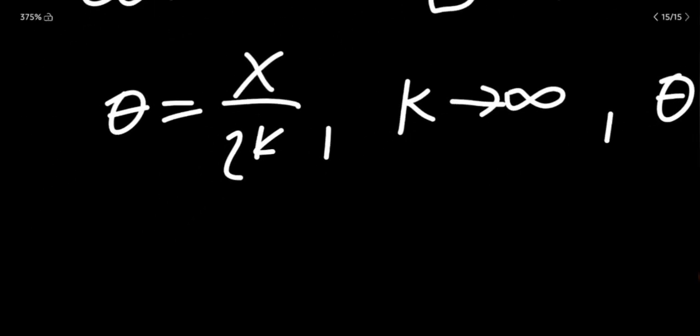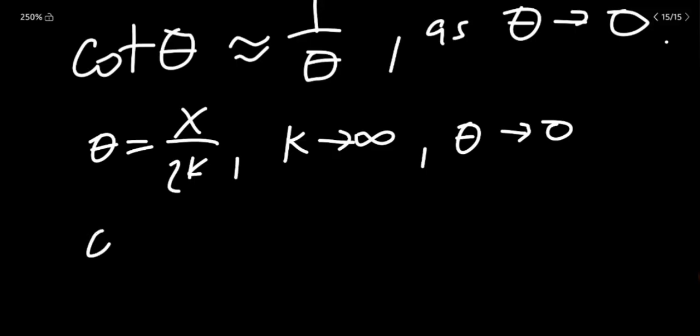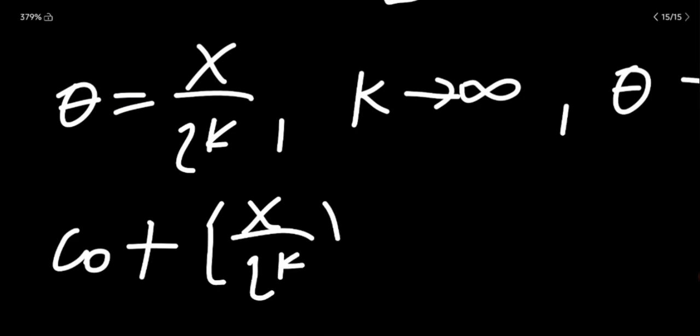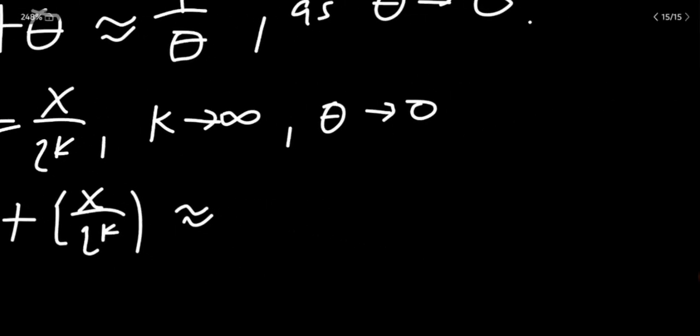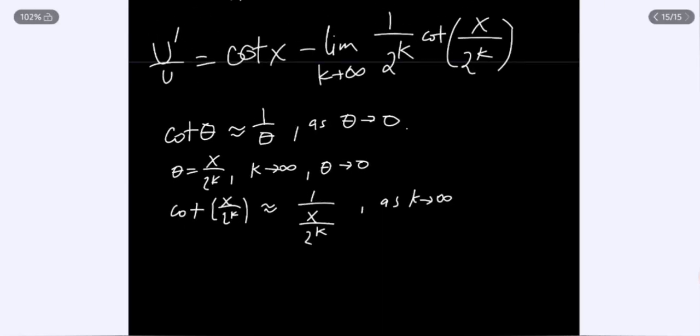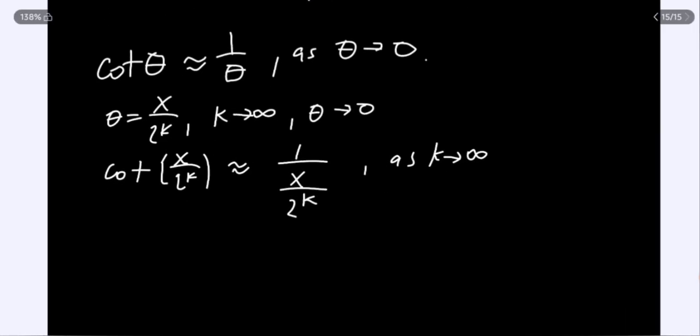So this means that cotangent of x over 2 raised to k is approximately 1 over x over 2 raised to k as k approaches infinity.